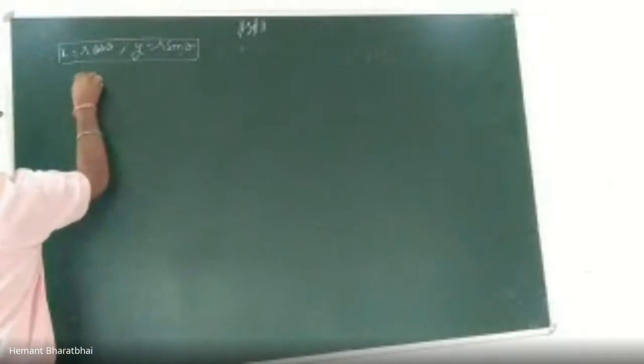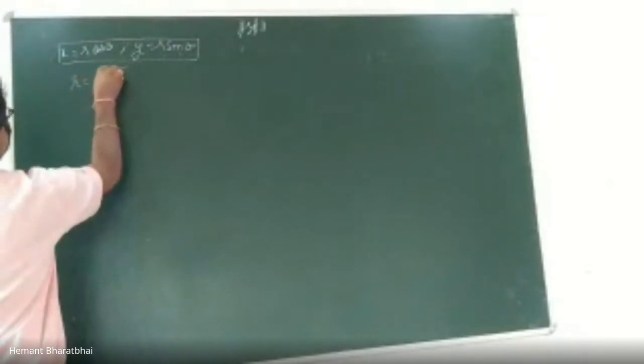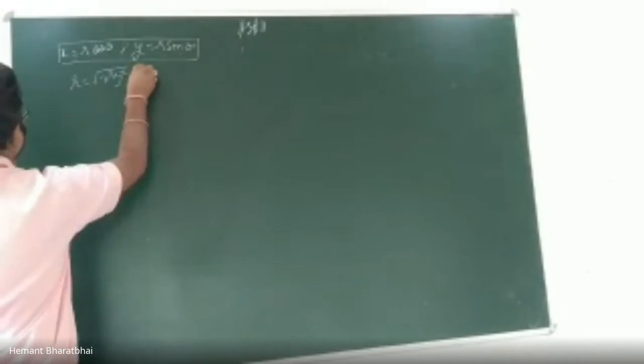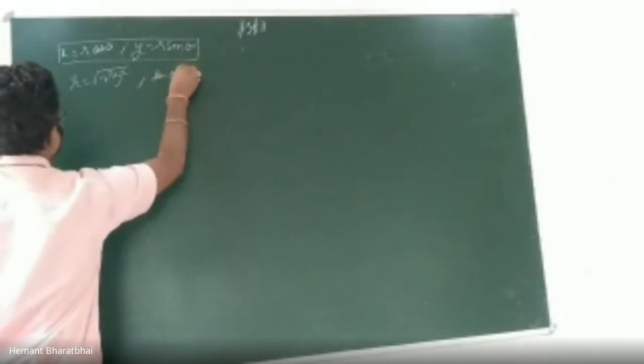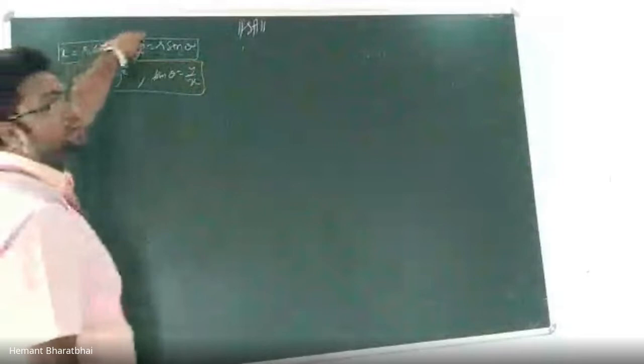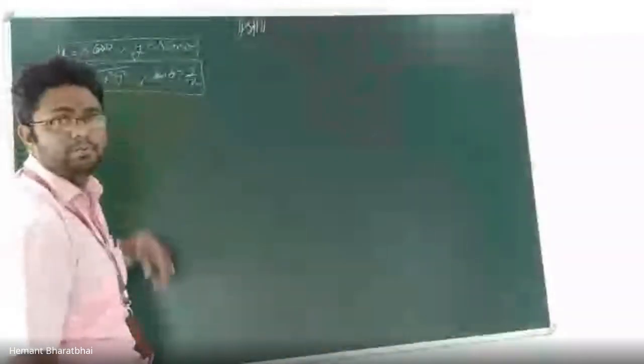We also found r is equal to under root of x square plus y square, and tan theta can be written as y by x. So this is to convert into Cartesian, this is to convert into polar.